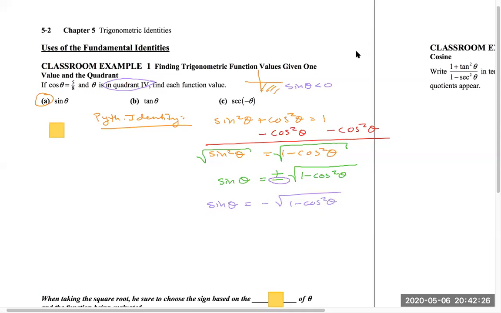Okay, and now everywhere we see cosine theta, we replace it with 5/8. So sine theta is equal to negative square root of 1 minus the quantity 5/8 squared.